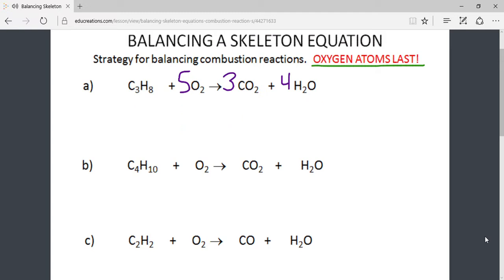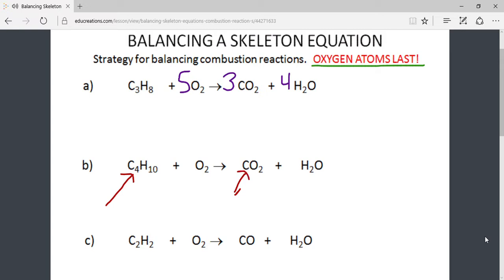Let us now look at example B. Again, employ the strategy. Balance the oxygen atoms last. Let us begin by balancing our carbon atoms. You can see on the reactant side that there are 4 carbon atoms. However, on the product side, there is only 1.